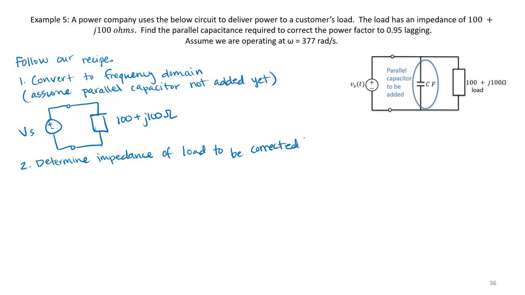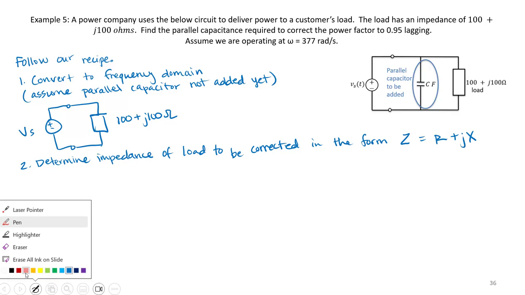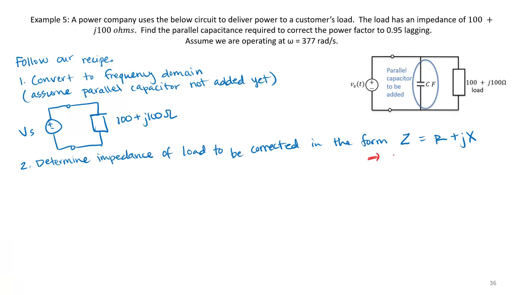And of course, in this case, we want the impedance in the form Z equals R plus jX. Well, for us, that was given. We know that our impedance here is just 100 plus j100. But sometimes, depending on the question you have, you might need to solve for that impedance based on what's given in your circuit.